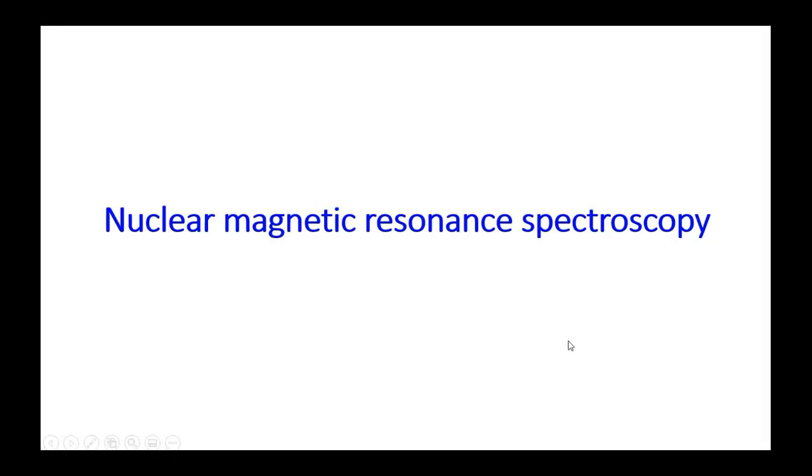Everyone. Today we will start with the new chapter, nuclear magnetic resonance spectroscopy. If you try to break down these words, nuclear comes from the word nucleus. Magnetic comes from the word magnetic field.